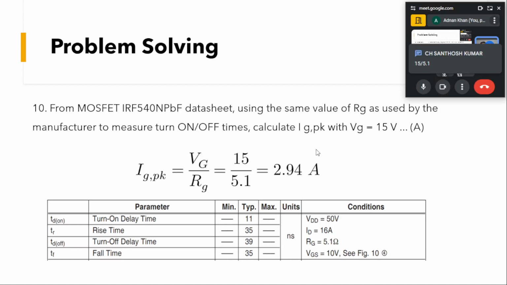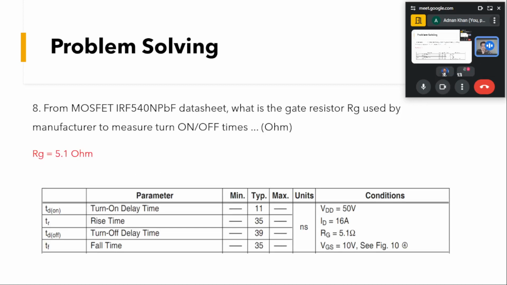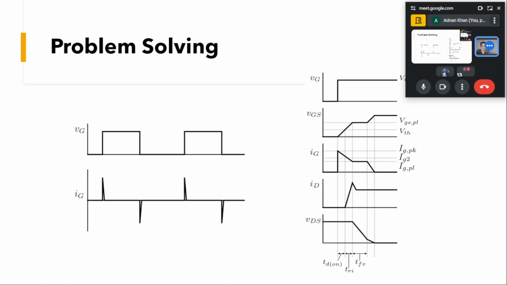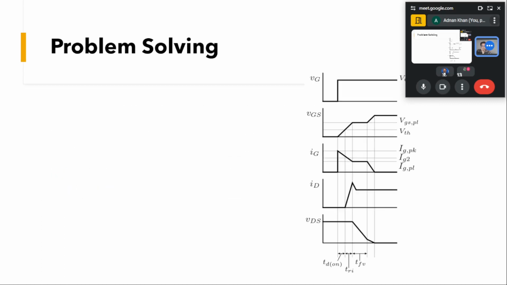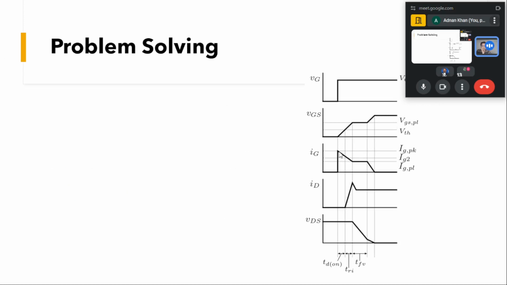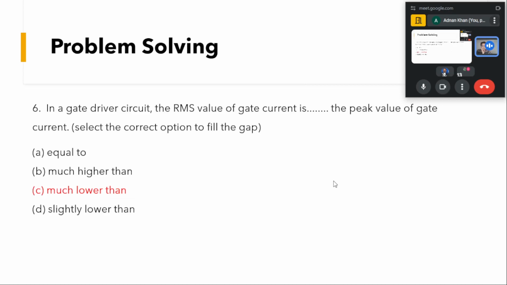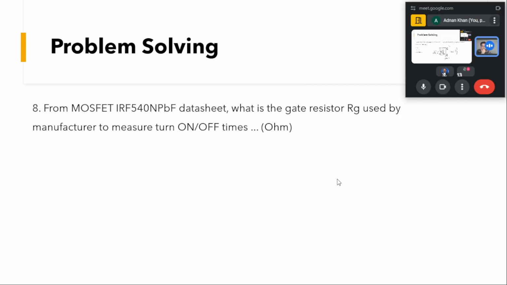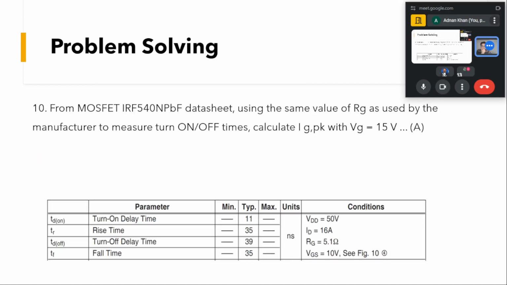We saw, if you go to the previous, we saw this peak current will be equal to, initially, the VG voltage applied. Before that, VGS voltage will be equal to 0.